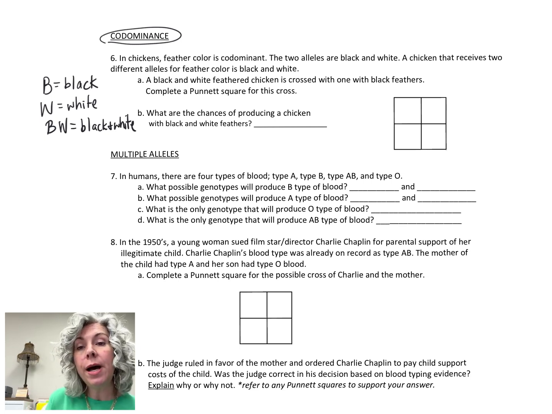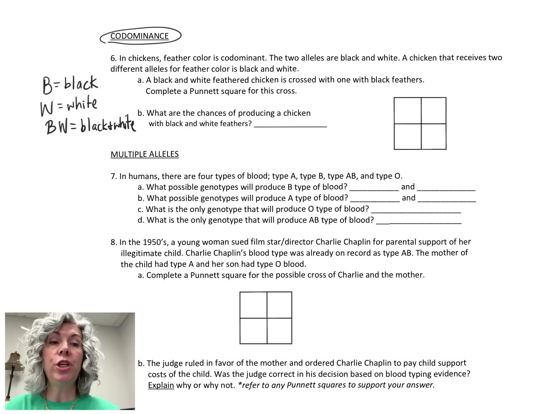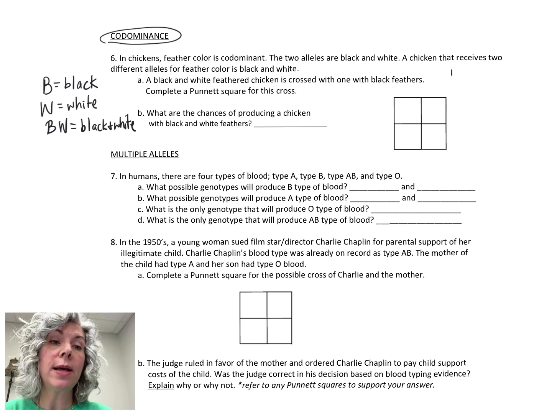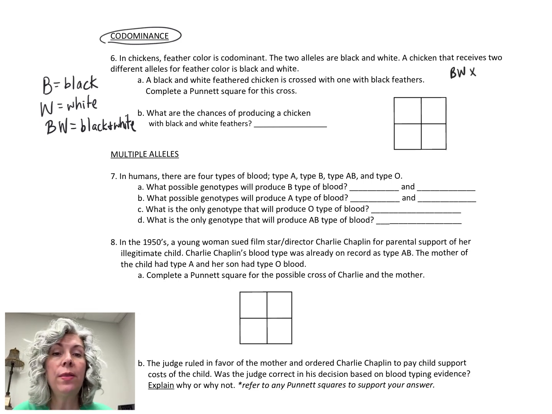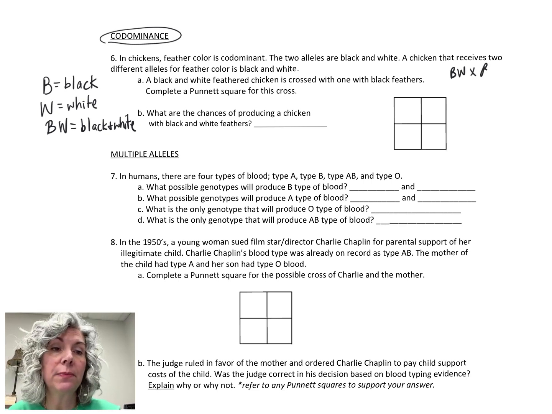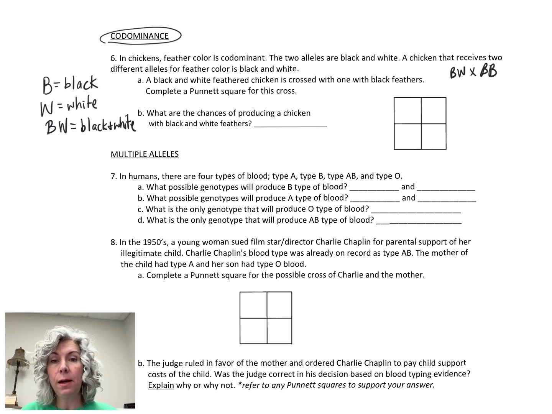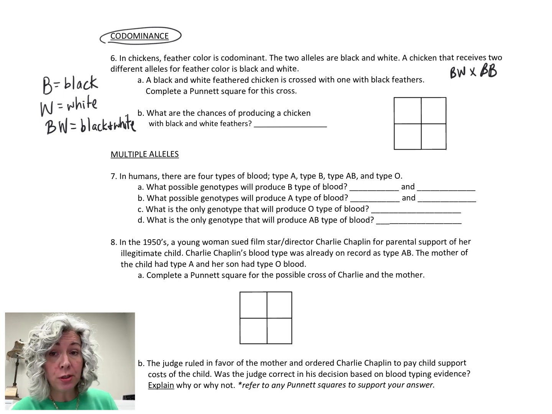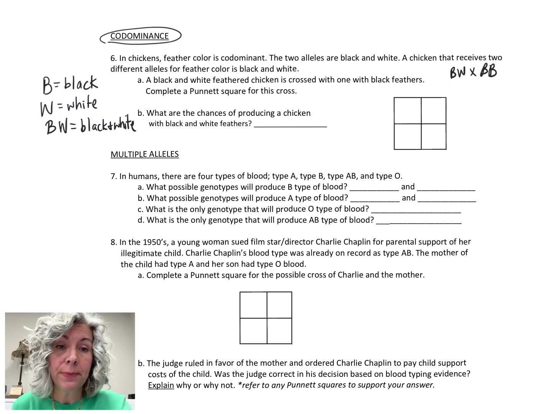So here we go. A black and white feathered chicken, that's the first parent, so that would be BW, is crossed with one with black feathers. Black feathers is two capital B's. Complete a Punnett square for this cross. So let's do it.